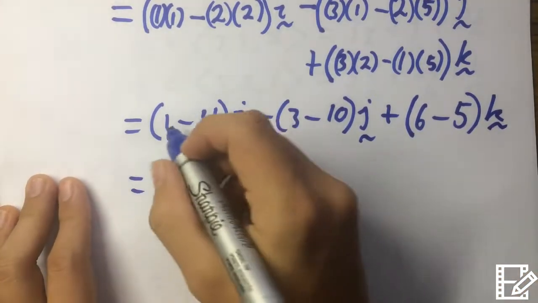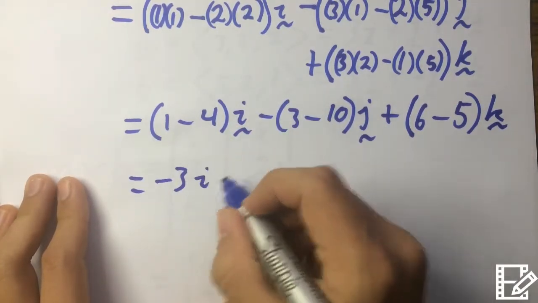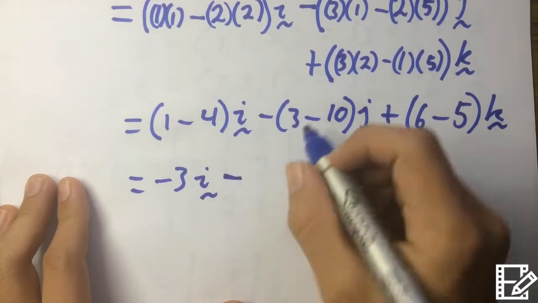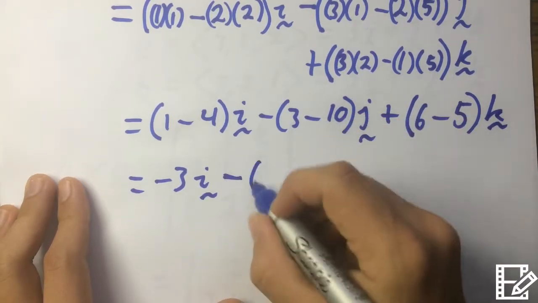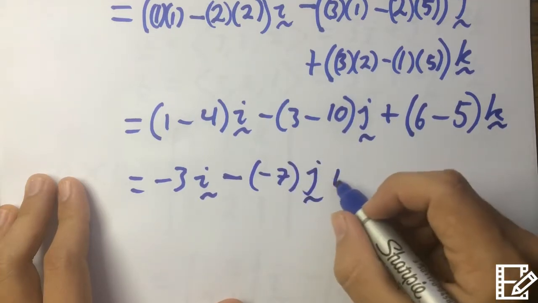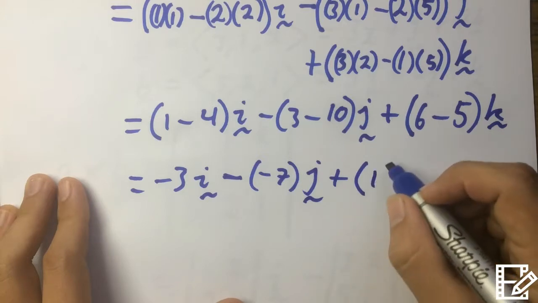Let's simplify it a bit more. 1 take 4, well, that's negative 3. Then 3 take 10, which is negative 7. Plus 6 minus 5, which is just 1.